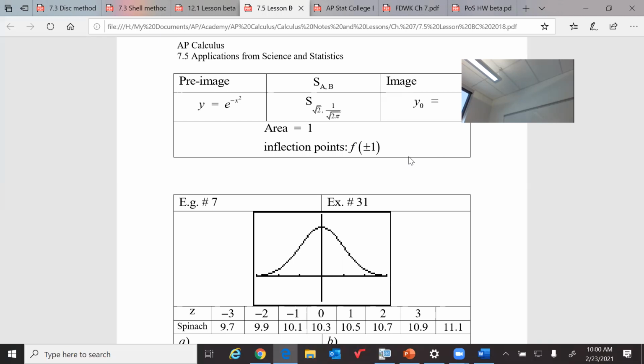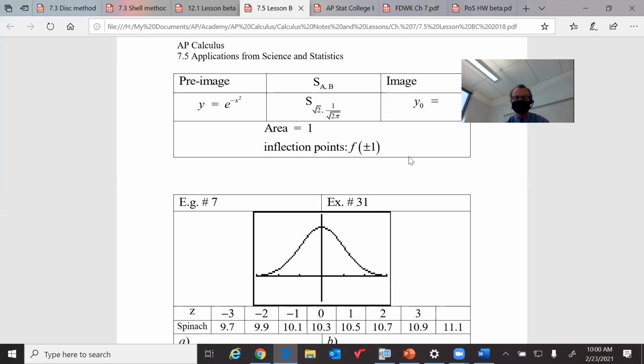So you could literally just do that. How do you do it? You do the opposite. So you divide x by √2. You divide y by 1 over, or you multiply y by square root of 2 pi, and then you divide it both sides to make it calculator friendly. But you don't have to do that because it's set in your calculator.